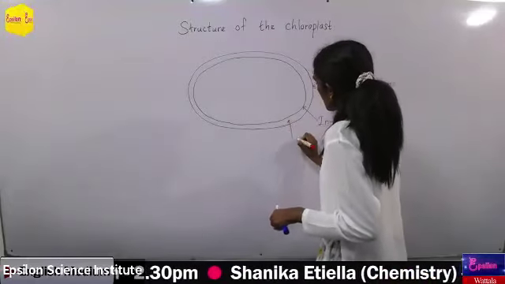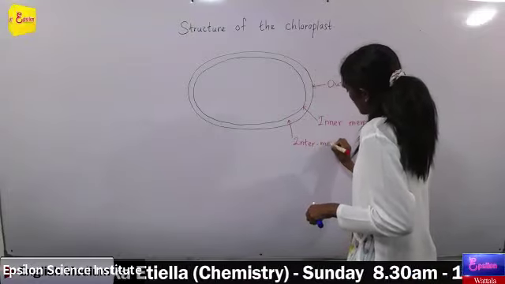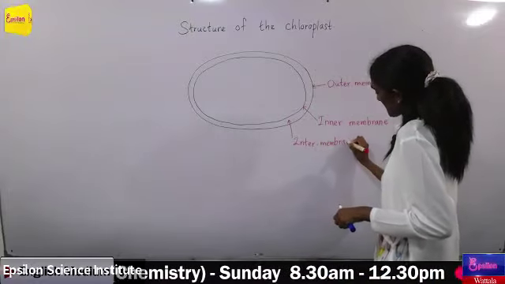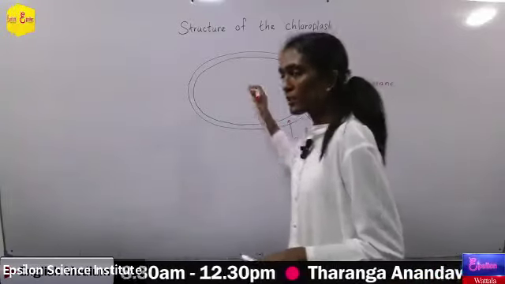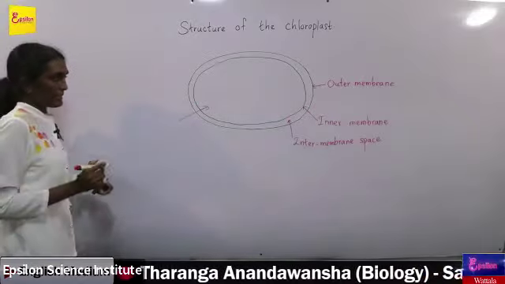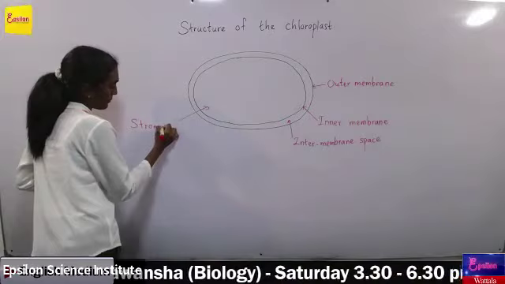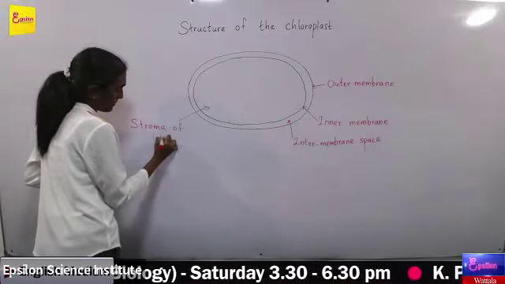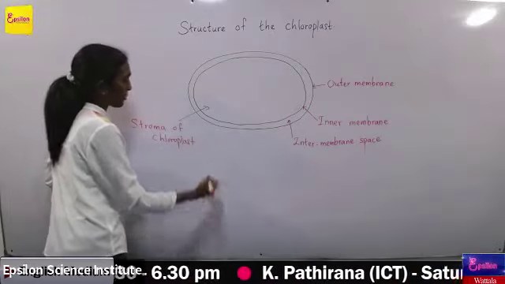Inner to that there is a space which is having a liquid fluid. This is called stroma. Stroma of chloroplast. You can just write stroma also, right?